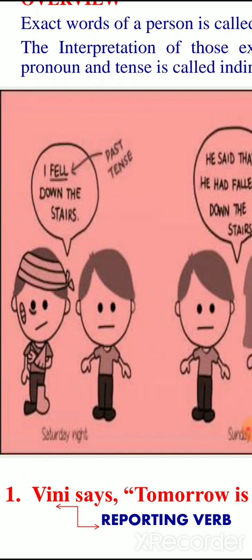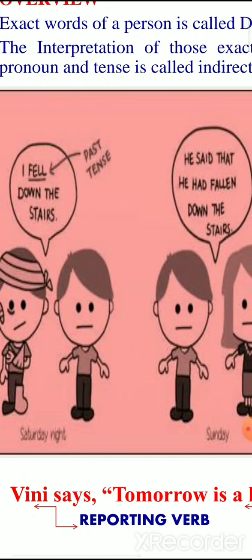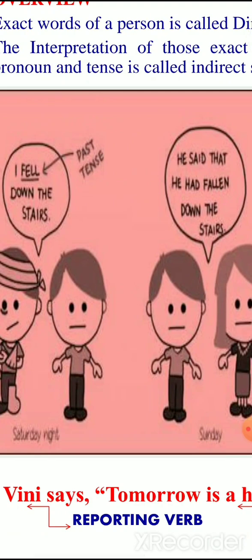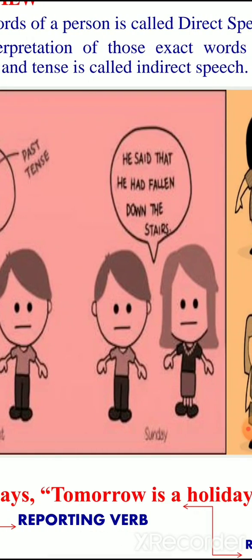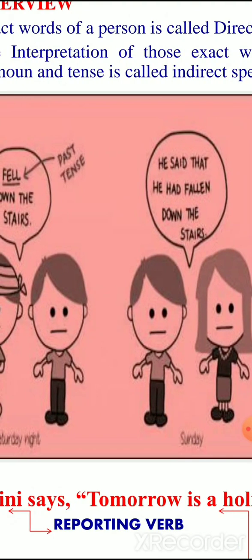The action happened once, and after that they are telling it here. She asks what he told, what happened, and he said that he had fallen down the stairs. Like this guy, he said he fell down.